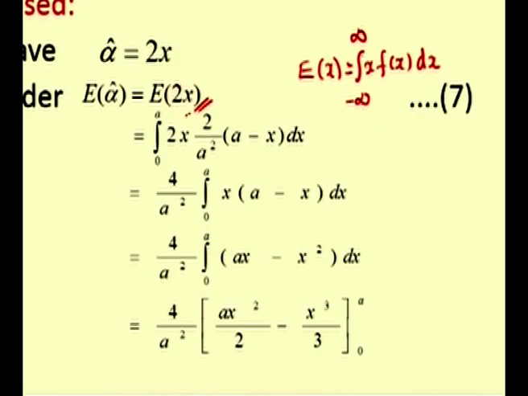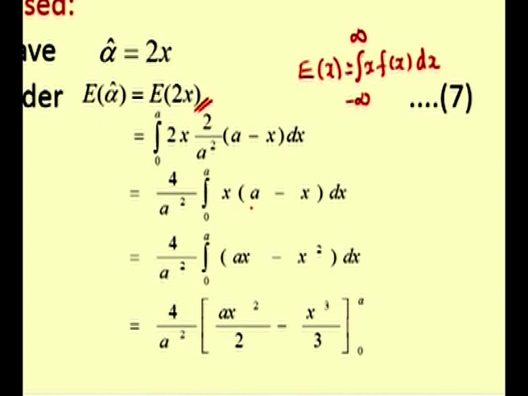Whatever is inside, 2x, I have substituted, and the given function is nothing but 2 by alpha squared into alpha minus x dx. So I am integrating with respect to dx; therefore I can take 2 into 2, 4, and alpha squared outside. You are left with x into alpha minus x dx.